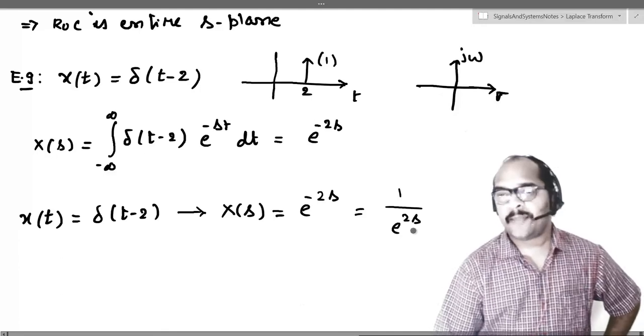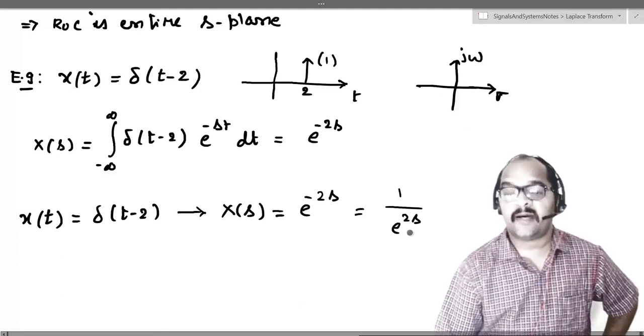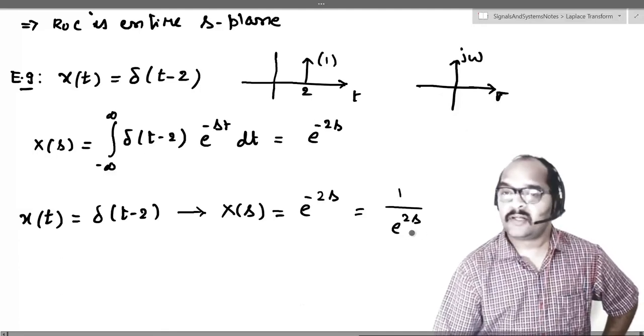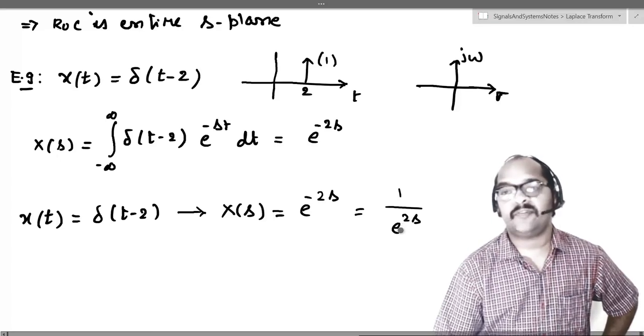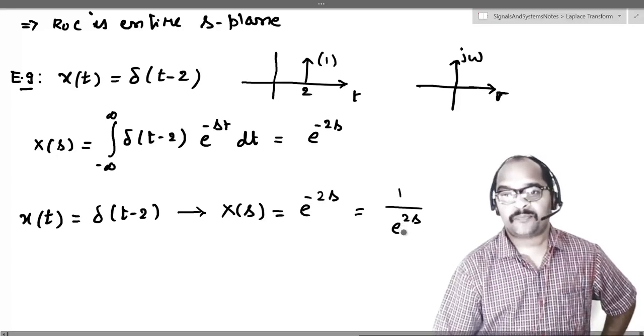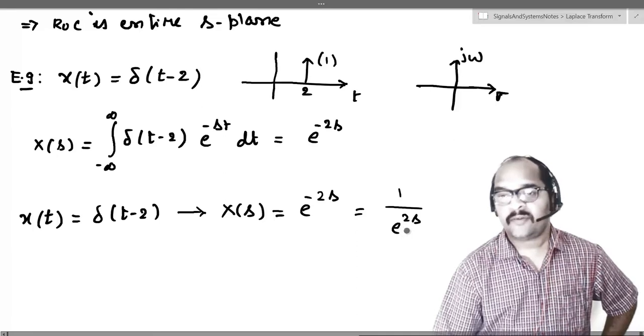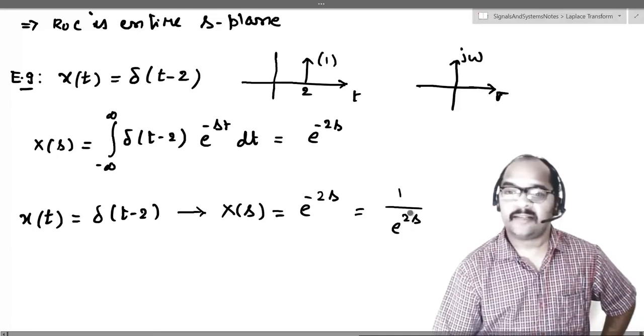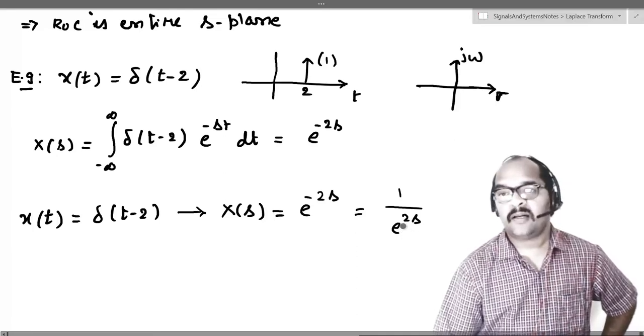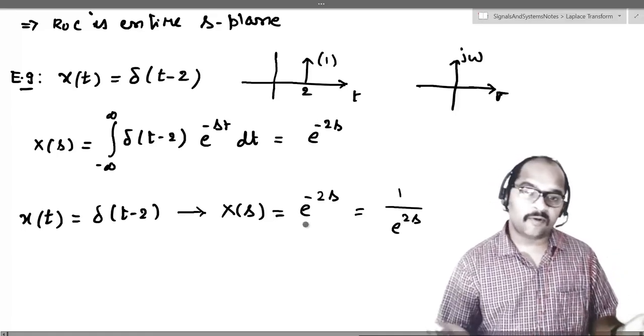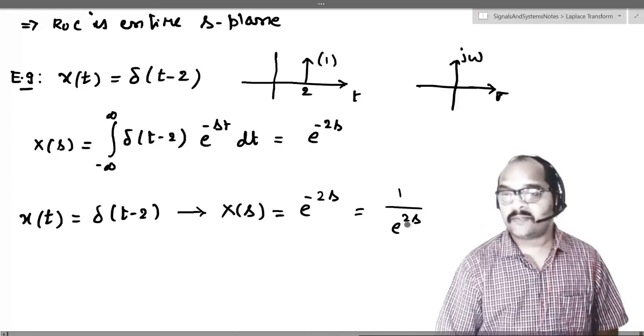So what happens if I replace s with minus infinity? Definitely, this will diverge. What happens if I replace s with infinity?